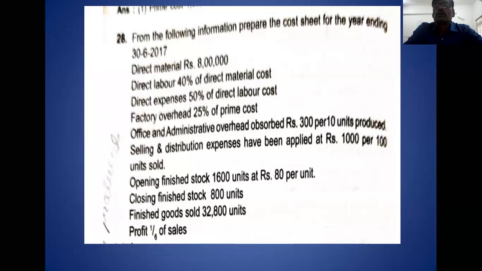You follow this equation. Once again, unit produced is equal to unit sold plus closing stock unit minus opening stock unit. You apply this equation and ascertain the units produced.